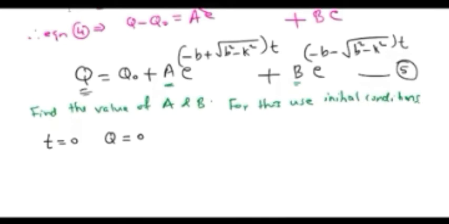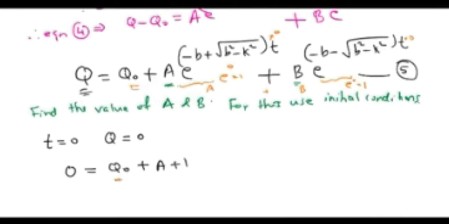So 0 equals q0 plus, when time t is equal to 0, e power 0 becomes 1, therefore this gives only A. Here also t is equal to 0, so e power 0 equals 1, which means here you will have B. The q0 is there, so I will write A plus B is equal to minus q0. This is equation number 6.